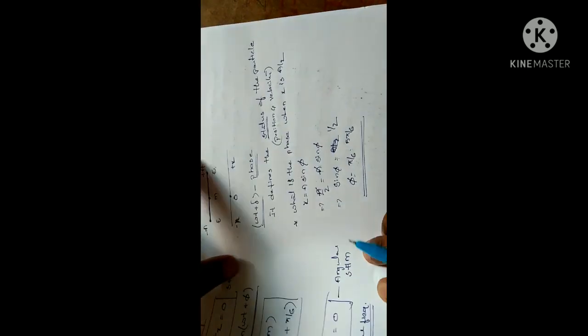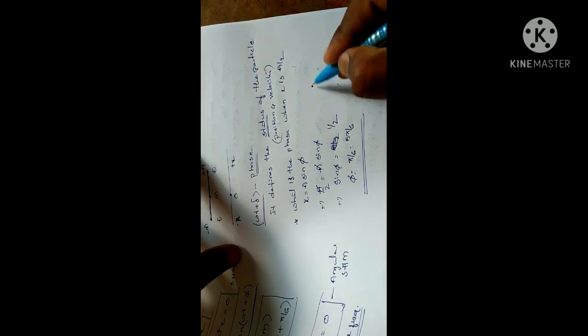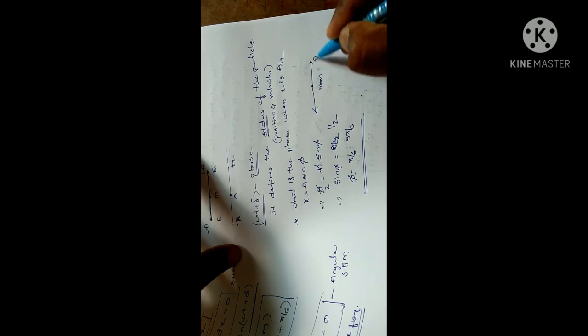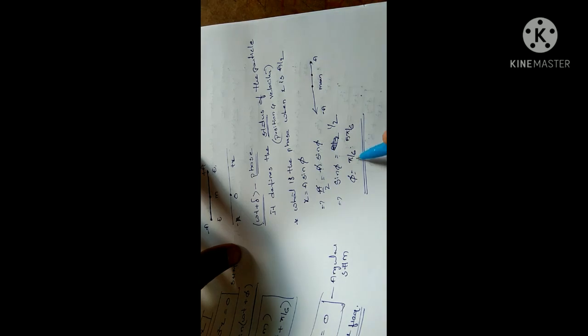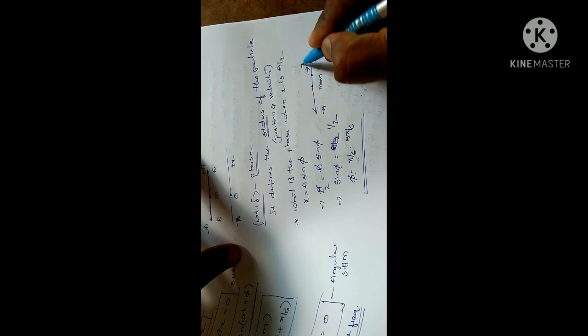That means the particle is oscillating here. This is the mean point, this is the extreme plus A, and this is the extreme minus A. The phase pi by 6 means that the particle is at A by 2, which is half, and it is moving along the positive x-axis.